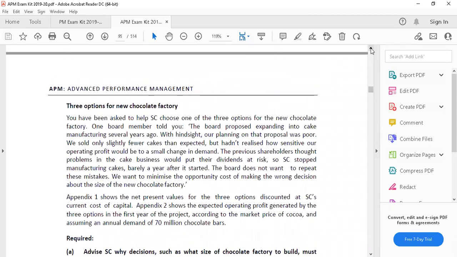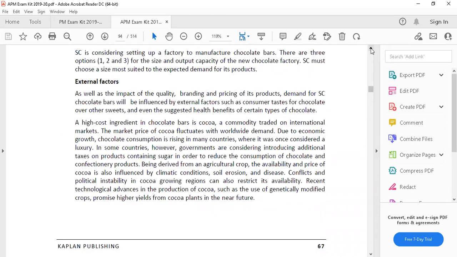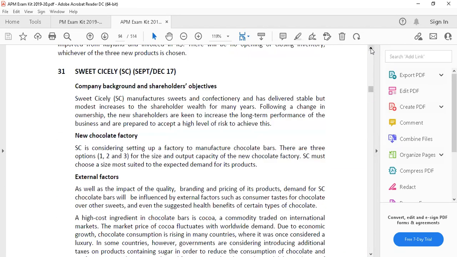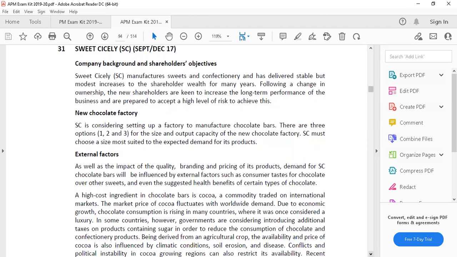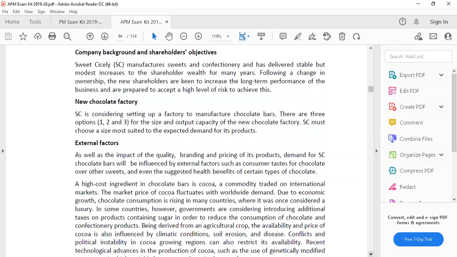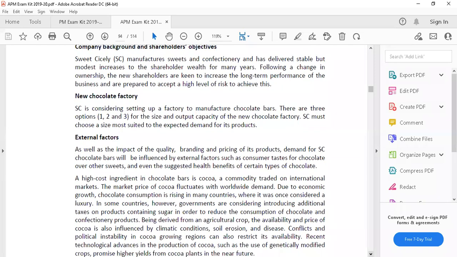Let's take it up. I will also work out another case study on that, but we have to do PEST analysis also. So let's take this question first. The content goes like this.